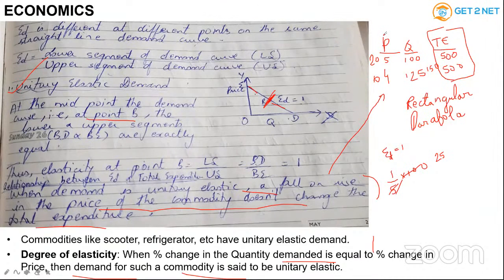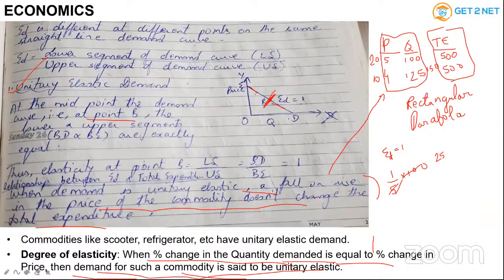Now in this particular scenario, if you see degree of elasticity, you will never say that it is a case of unitary elastic. Why? Because we had a rule: when percentage change in quantity demanded is equal to percentage change in price, then demand for such a commodity is said to be unitary elastic. So when we consider this particular example for degree of elasticity, it is not coming under unitary elastic.